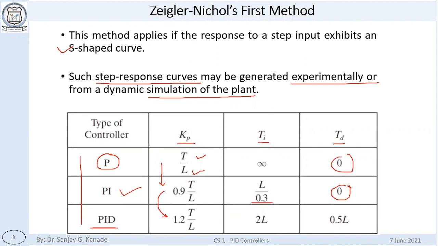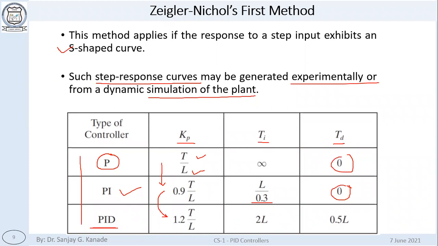Also remember that these values of Kp, Ti, Td are going to give us only a starting point. What does it mean? We are not going to get the final tuned version of the controller.